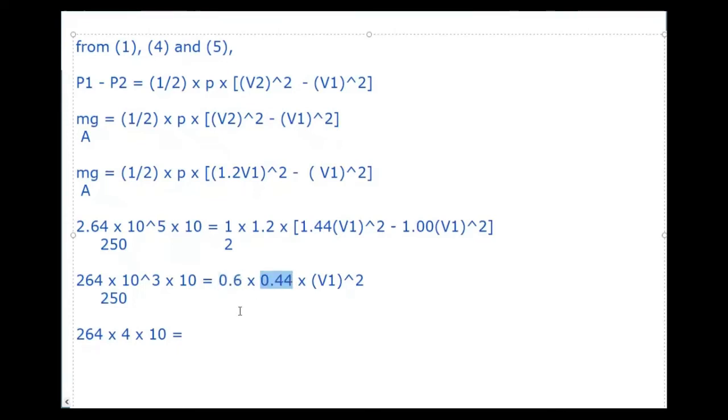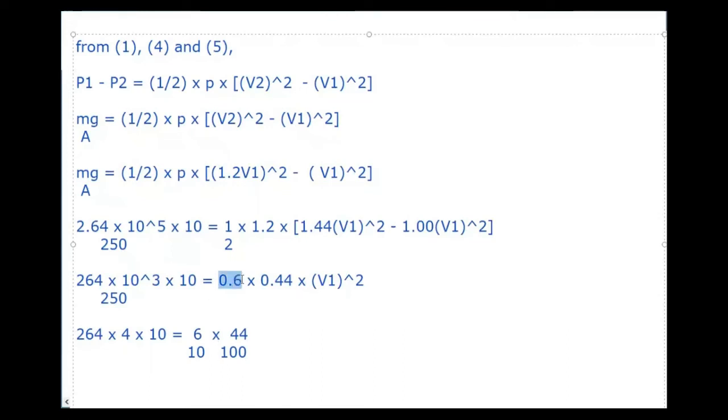How do we simplify them? Look at the board, I can write 0.6 as 6 over 10, and 0.44 can be written as 44 over 100. Is that maths clear for you?